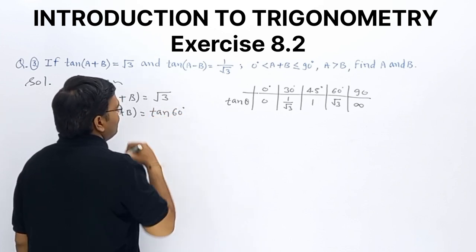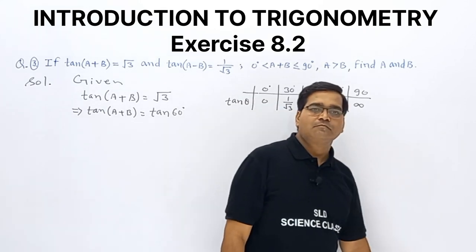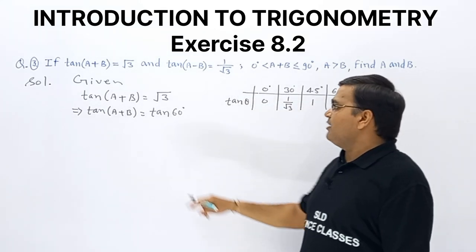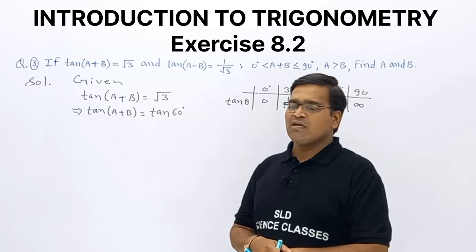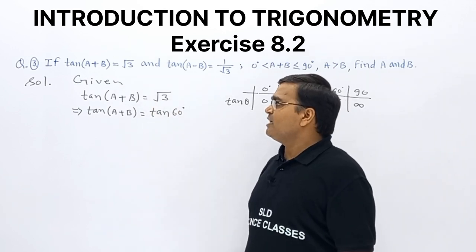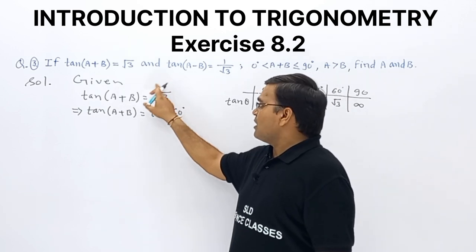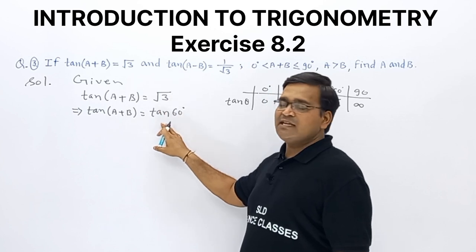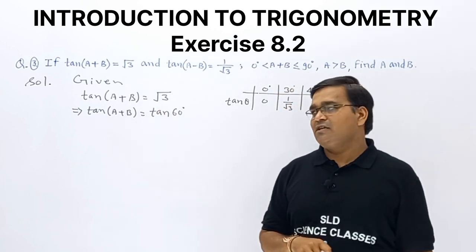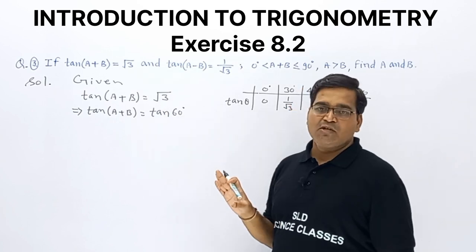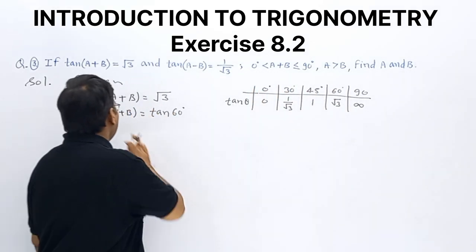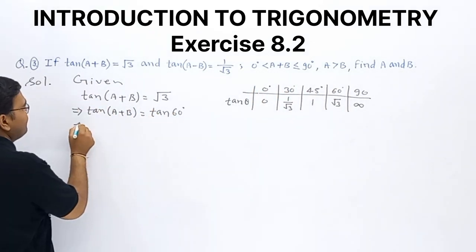Yes or no? Observe. In the question we have tangent A plus B equal to square root of 3. It is given in the question. So from this, what can we say? This square root of 3 in tangent, we get at the angle 60 degree. So tangent 60 is square root of 3. Once we compare, what do we get?